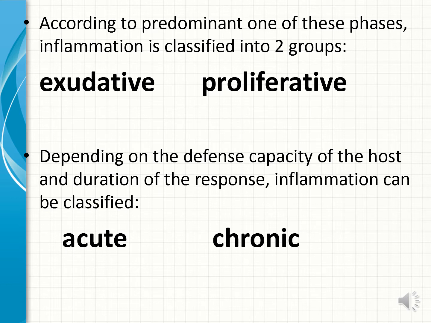According to the predominant one of the phases, inflammation is classified into two big groups: exudative inflammation and proliferative. Depending on the defense capacity of the host and duration of response, as we have already known, inflammation can be classified as acute and chronic.